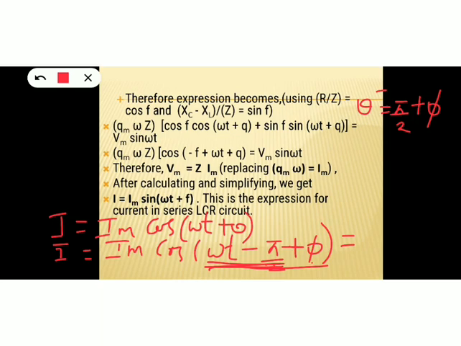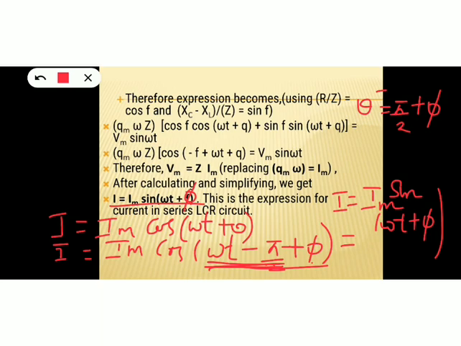So the expression for I becomes I is equal to im cos omega t minus pi by 2 plus phi, which is sine omega t plus phi. And this is the expression for current in a series LCR circuit. Current I is equal to im sine omega t plus phi.